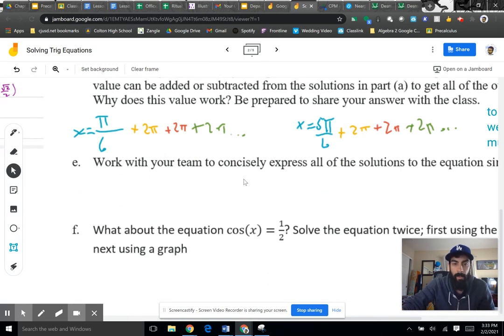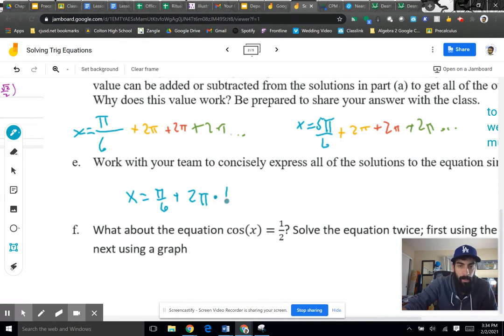So if we want to express these concisely, meaning in a small, neat way, if we want to express all of these solutions, we can write this expression, starting with x equals pi over 6. We're going to add 2 pi, varying numbers of times.